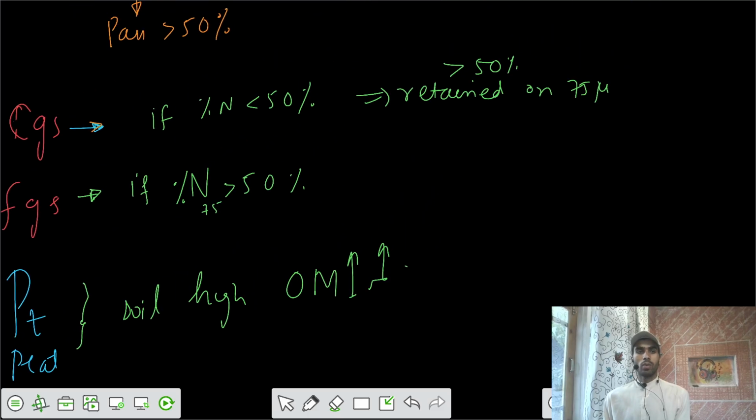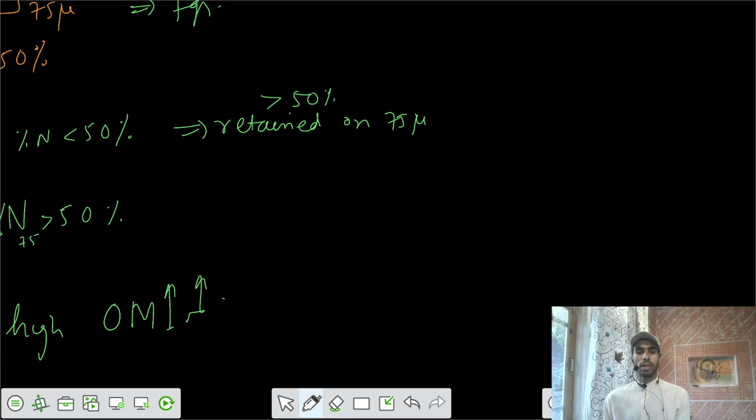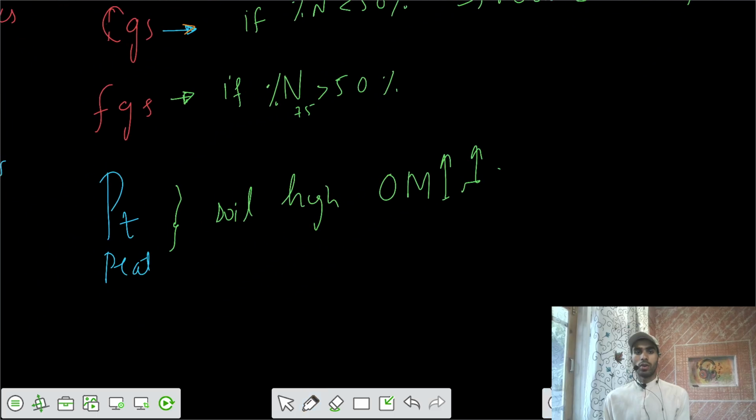Okay, now we would say that coarse grain soils can be either gravel or sand. And similarly, your fine grain soil can be either silt or clay.